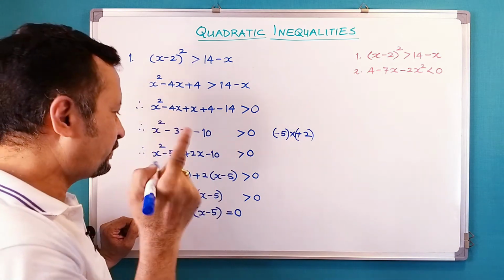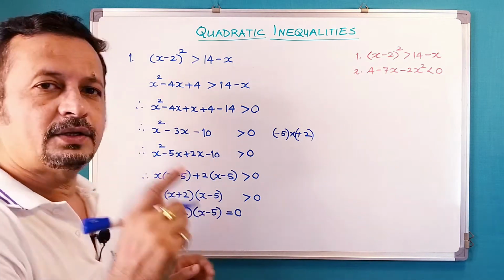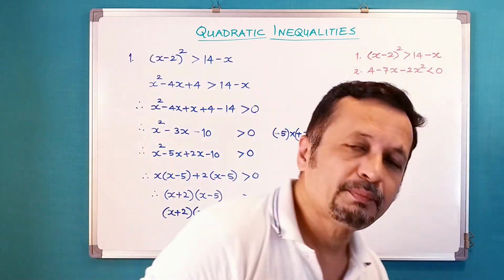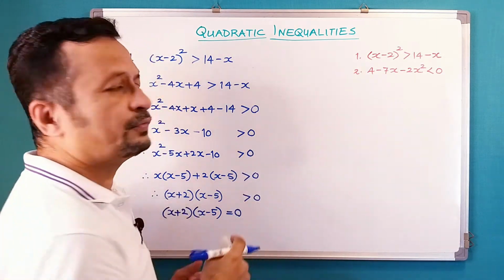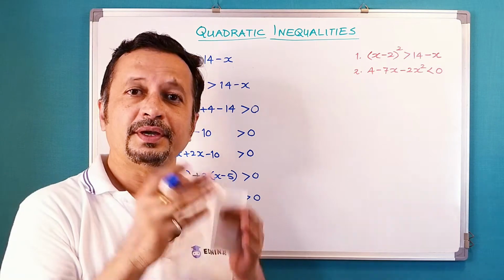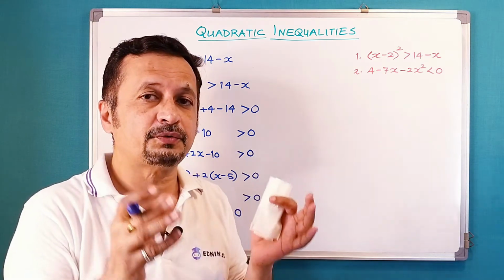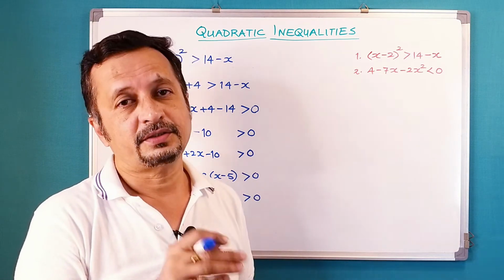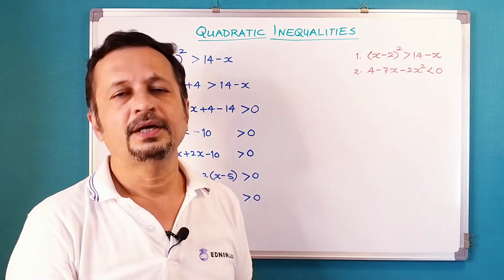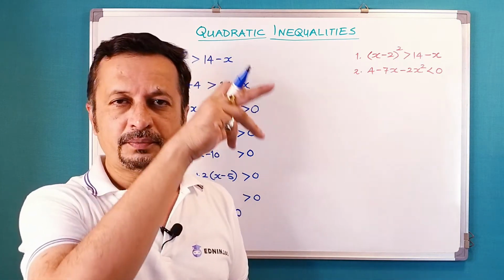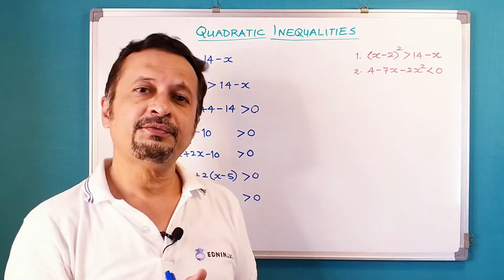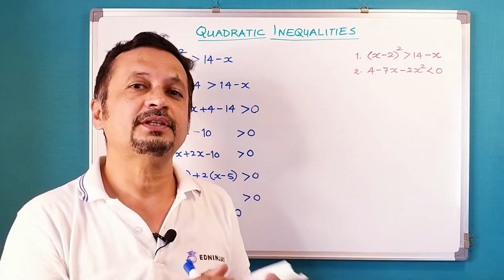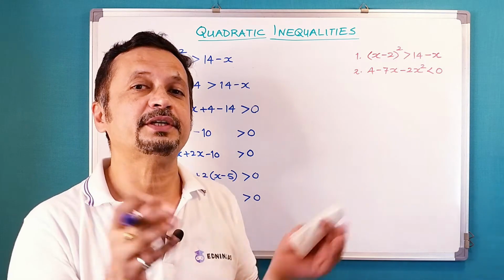Now one more thing you would be remembering: for a quadratic equation ax square plus bx plus c equal to 0, when a is greater than 0, when a is positive, the shape of the parabola is a u shape. If a is less than 0, then the parabola would be an inverted u shape.